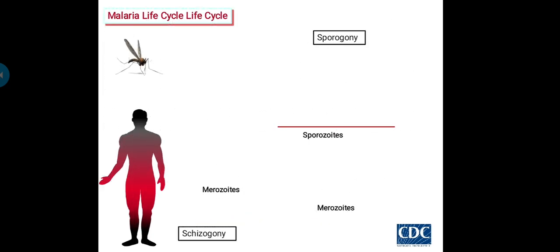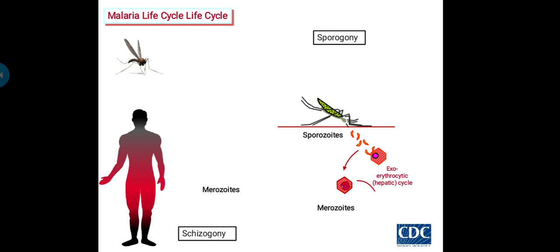So this is the malaria life cycle in short. Sporozoites are released when the mosquito bites us, and they enter the extraerythrocytic cycle, that is, the hepatic cycle. Before the RBC phase, we call it the hepatic phase or extraerythrocytic phase.